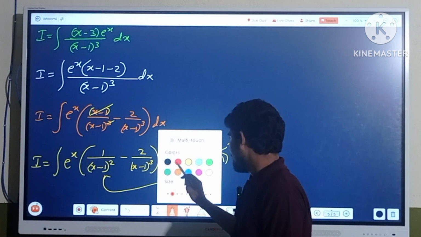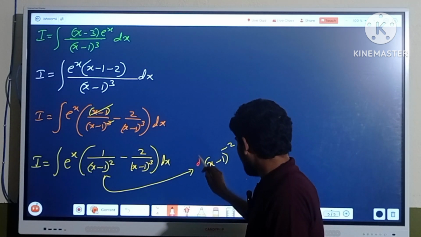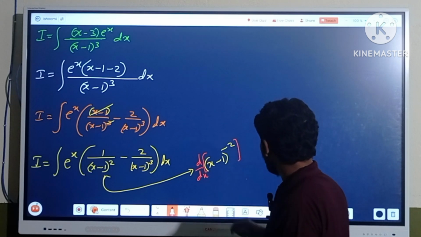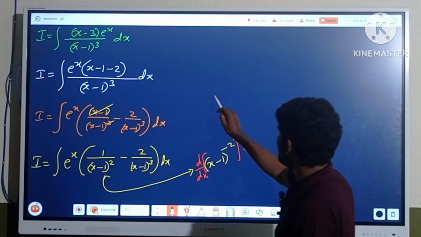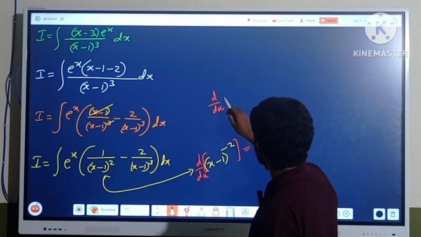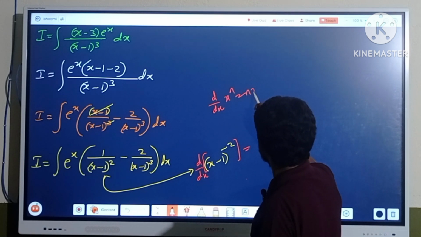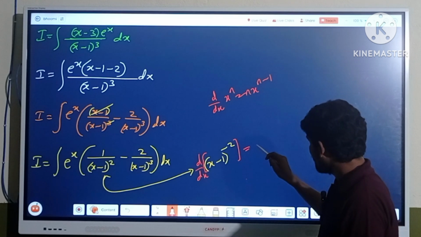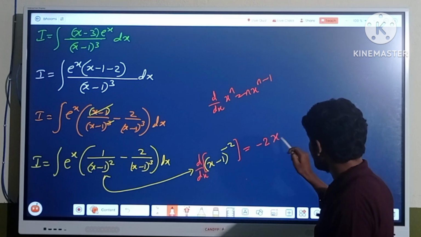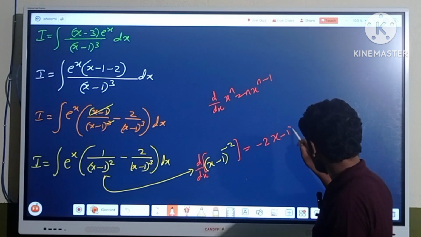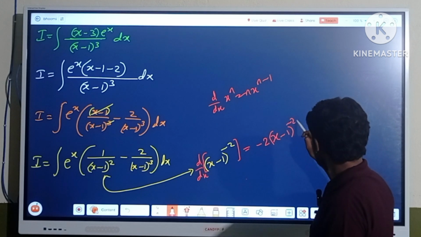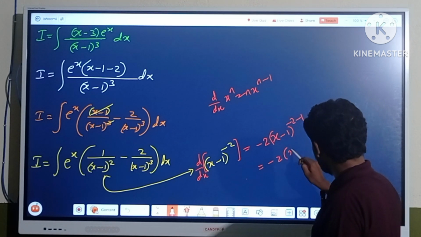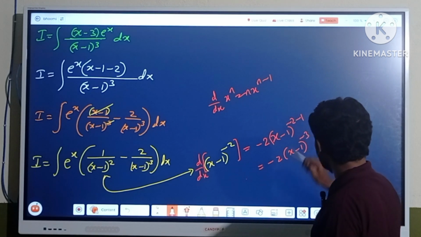So therefore, we know that the derivative of x power n is equal to n into x power n minus 1. Therefore here n is minus 2, and x here is x minus 1, so we get minus 2 into (x minus 1) power minus 2 minus 1, which equals minus 2 into (x minus 1) power minus 3.